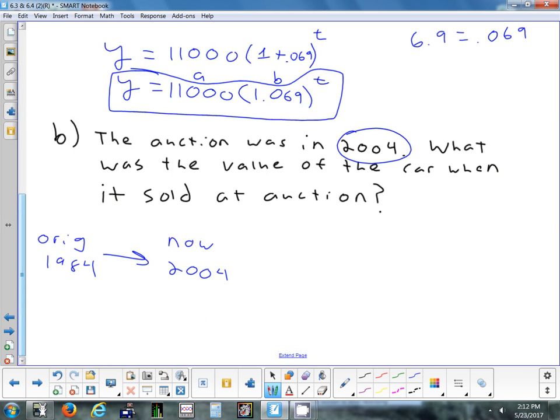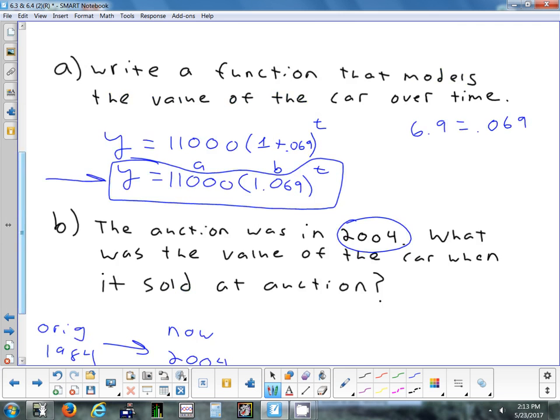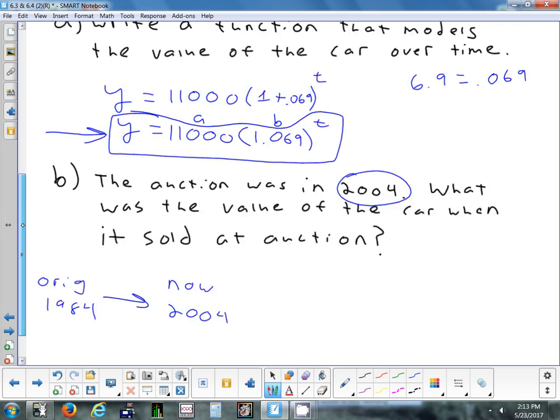Jordan? Yeah. 20 years have gone by. Where do you think 20 is going to get plugged in this formula? For T. Okay? 20 years. So plug 20 in for T.